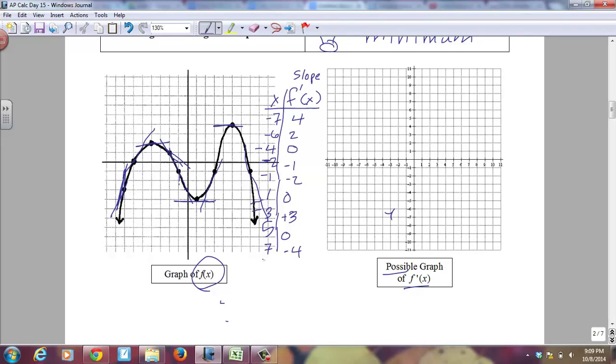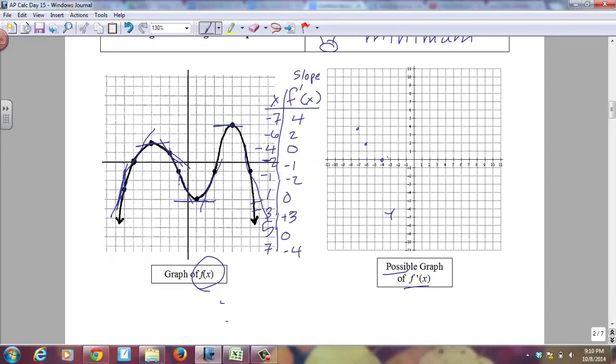So when we graph the derivative, we're going to graph the x value and then the value of the slope. So at negative 7, I'm going to graph 4. At negative 6, I'm going to graph 2. Negative 4, I'm going to graph 0.